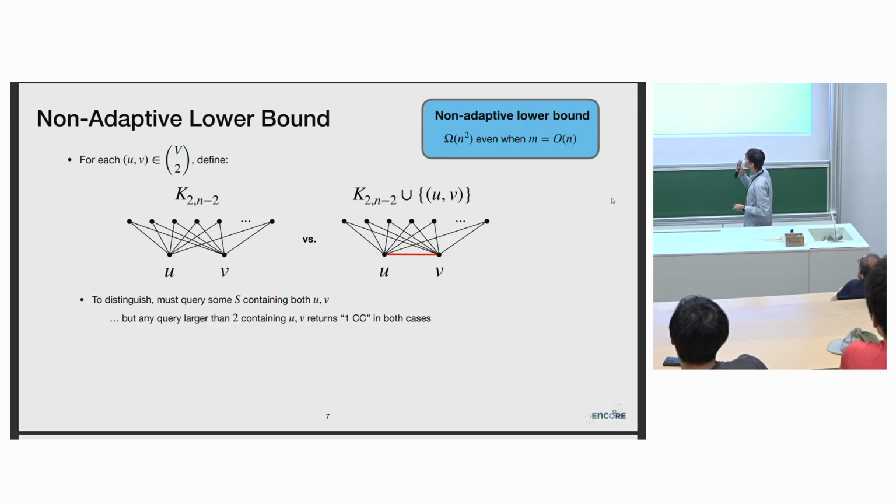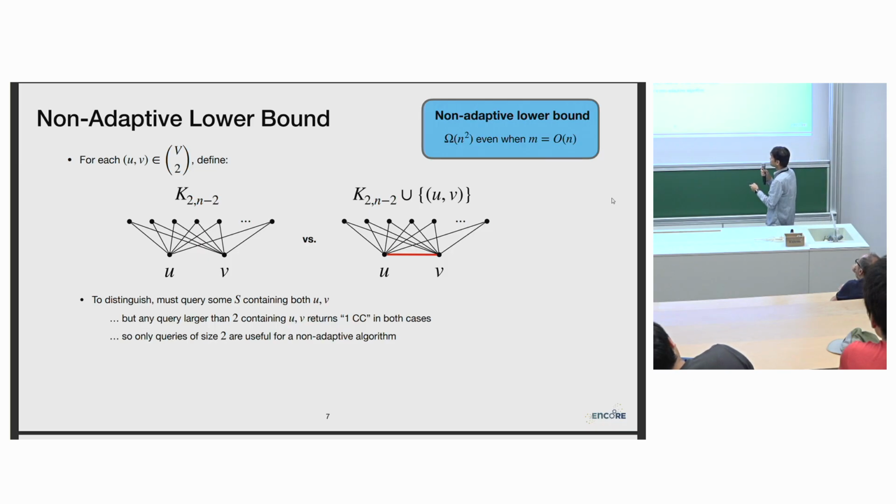And if you query any such subset larger than 2, then the number of connected components returned will always be 1. Therefore, you will not be able to distinguish if you don't do n choose 2 queries. And this is also valid for randomized algorithms, again using something like the min-max principle. So you have this lower bound.